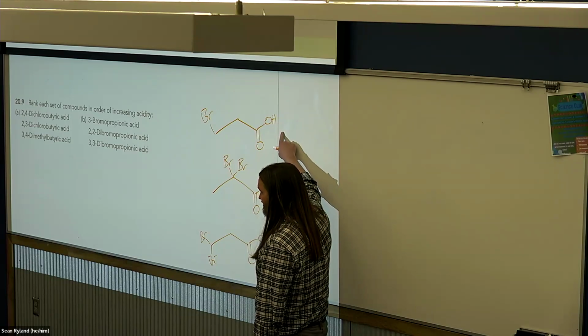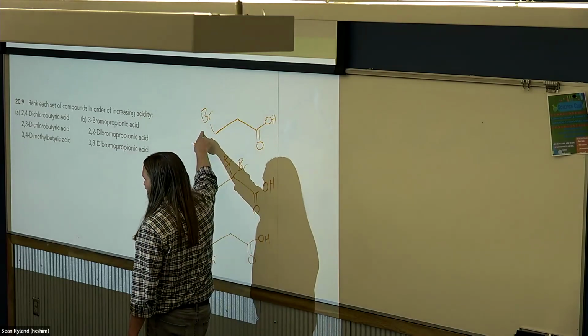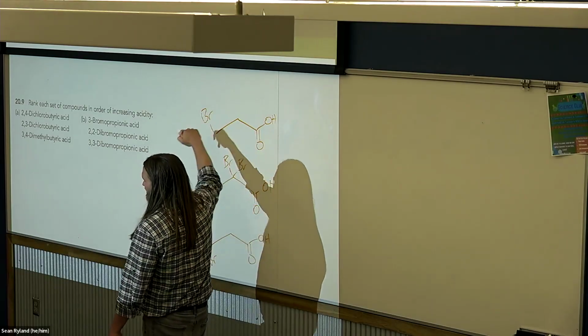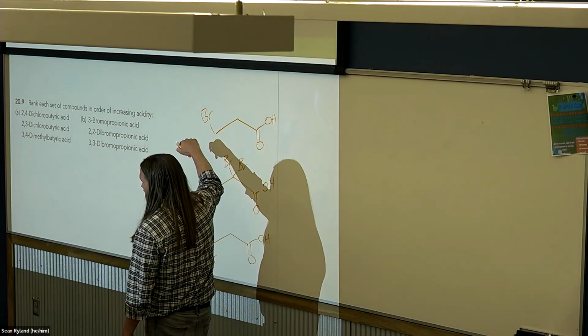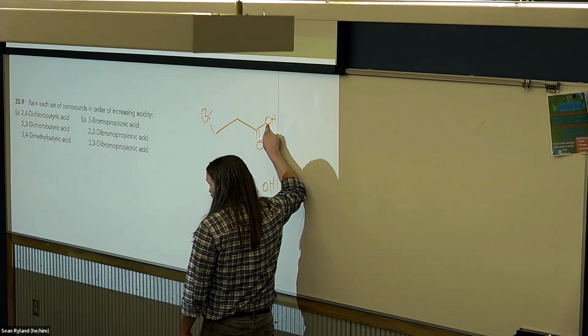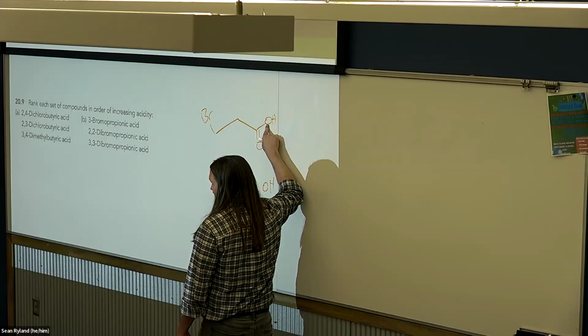Bromine is electronegative, right? So only one bromine means it's pulling on the electron density less. So that means the OH has more electron density, which makes it less acidic.